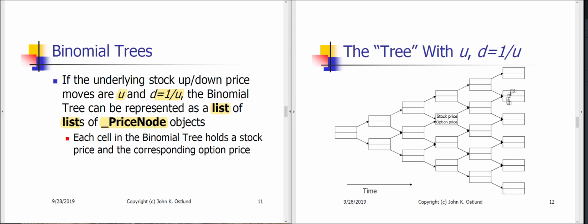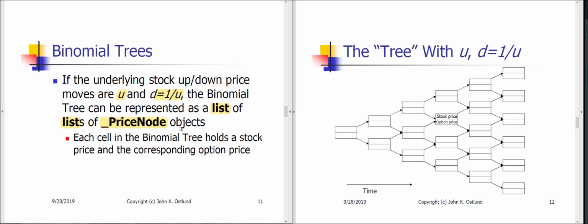For example, to get to this node here, second from the top on the right, we could go up, up, up, up, down, or we could go down, up, up, up, up, or we could go up, up, down, up, up, and so on. So any combination involving 4 ups and a down is going to arrive at this node. Likewise, any combination involving 3 ups and 2 downs will get here, 2 ups and 3 downs here, 1 up and 4 downs here.